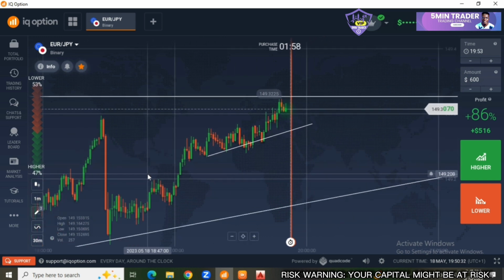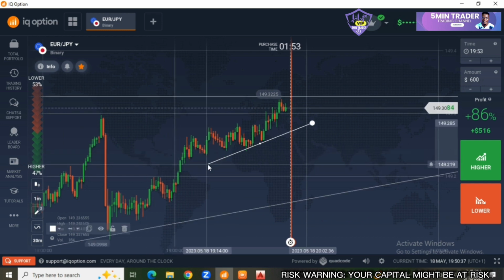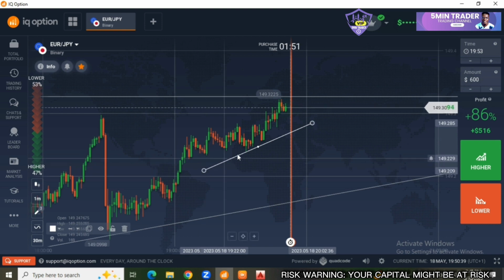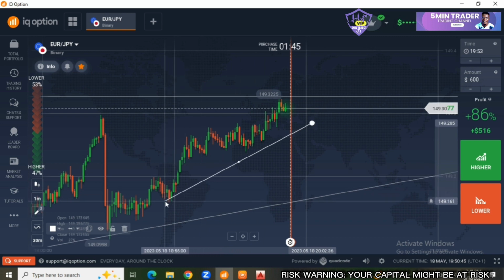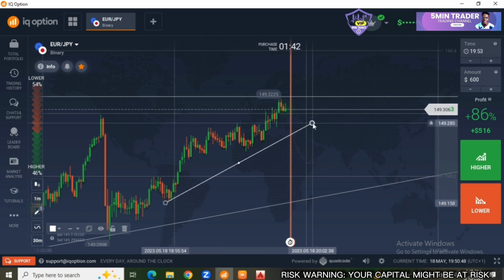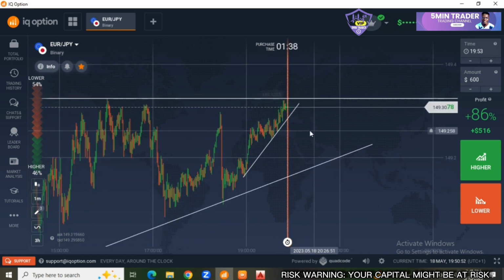Let me see how I can connect this properly. I'm not sure this is going to work. It is not going to connect. Okay, let's try to see if I can connect this zone. Okay, it seems to connect like this, so we will leave it like this.